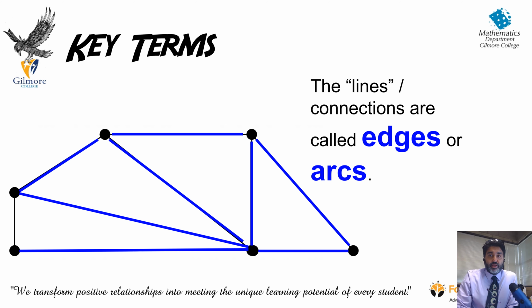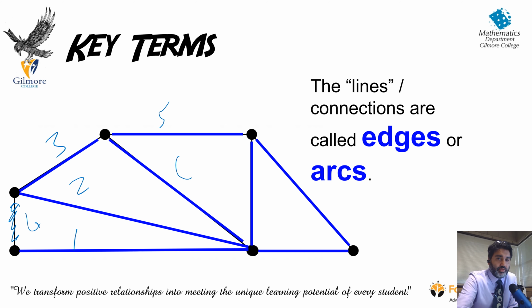The lines or connections are called edges and arcs. Again, there's one there as well. This one has 1, 2, 3, 4, 5, 6, 7, 8, and 9.